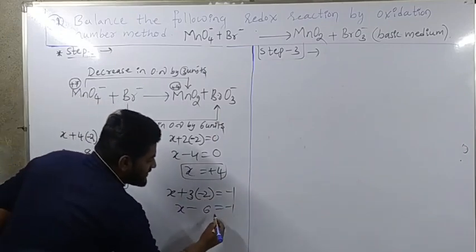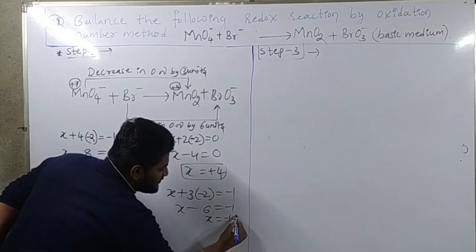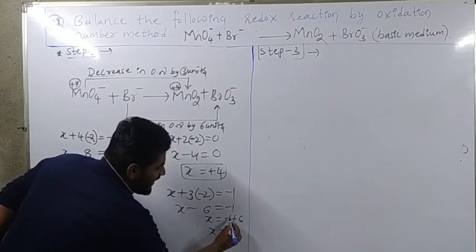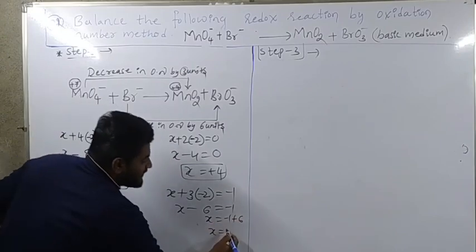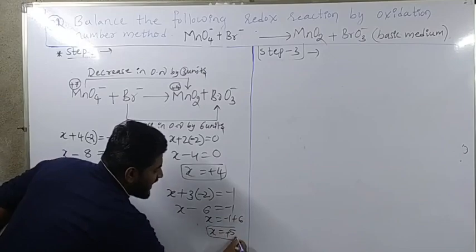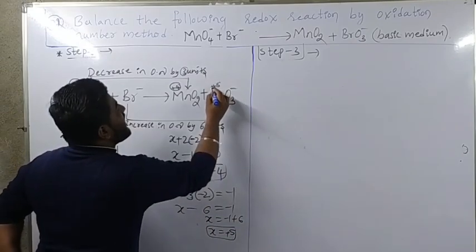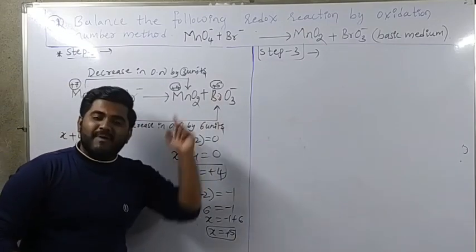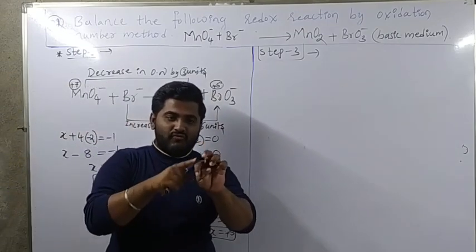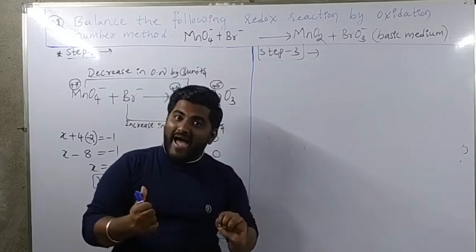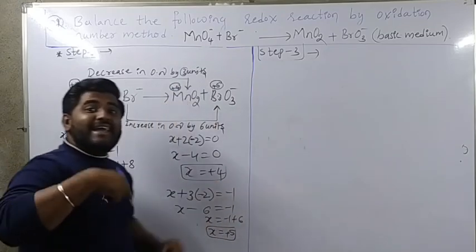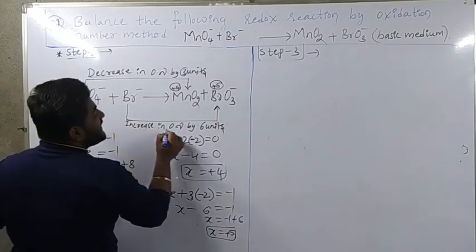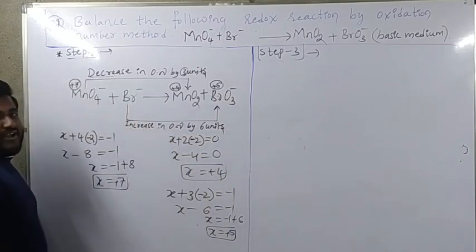Take minus 6 to the other side: minus 1 plus 6, 6 minus 1 is 5. You will get plus 5. So Br here is plus 5, and Br here is minus 1. Minus 1 to plus 5: 0, 1, 2, 3, 4, 5. That means 6 units increased. Therefore, I have written increase in oxidation number by 6 units.